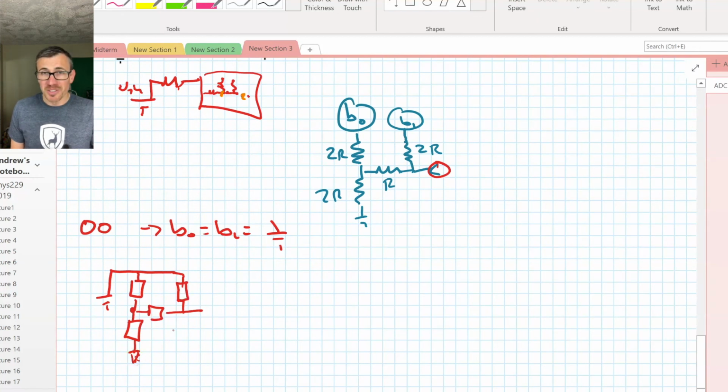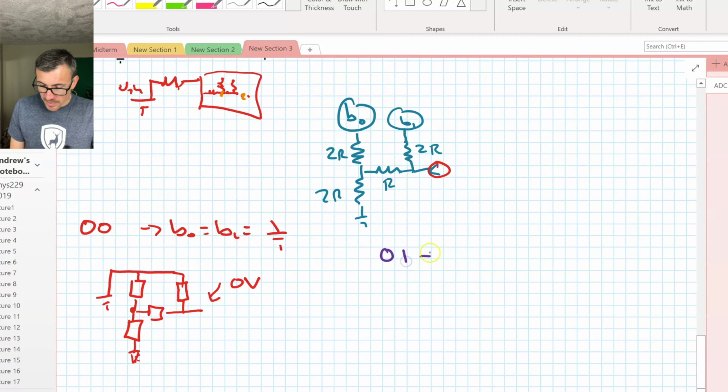There's no voltage sources, so there's no way this thing is not 0 volts here. So 0, 0 almost trivially goes to 0 volts because there's just nothing plugged in anywhere. We're always going to get 0 volts with respect to ground at the output because all our inputs are ground. Okay, so that works. Let's look at a slightly more complicated case. Let's look at 0, 1, for example.